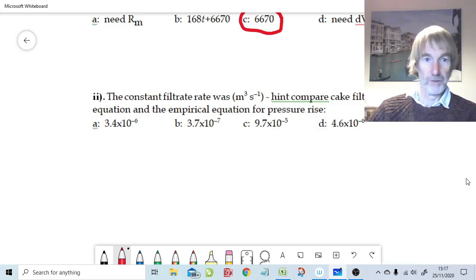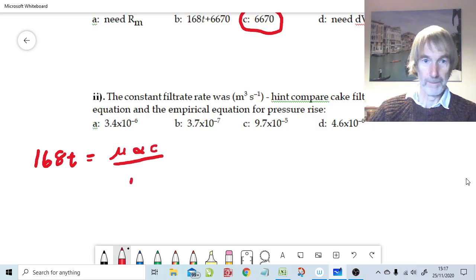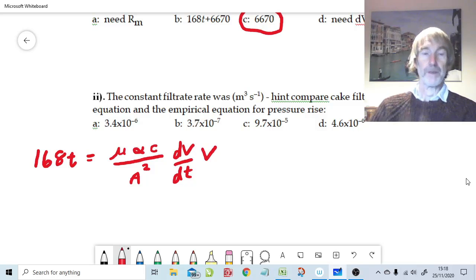So we have 168 T is equal to pressure drop over the filter cake, which we said was the viscosity, the specific resistance of the cake, the dry cake mass per unit volume of the cake, the area squared, dV/dt, and then V, where V is the volume of filtrate.